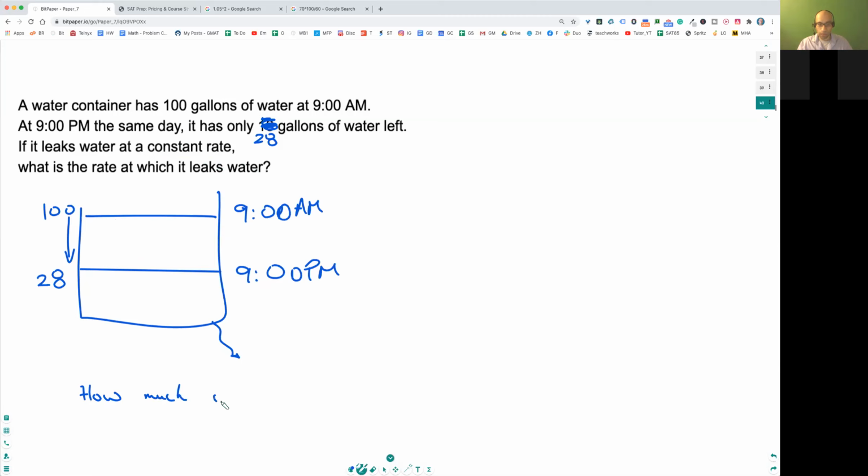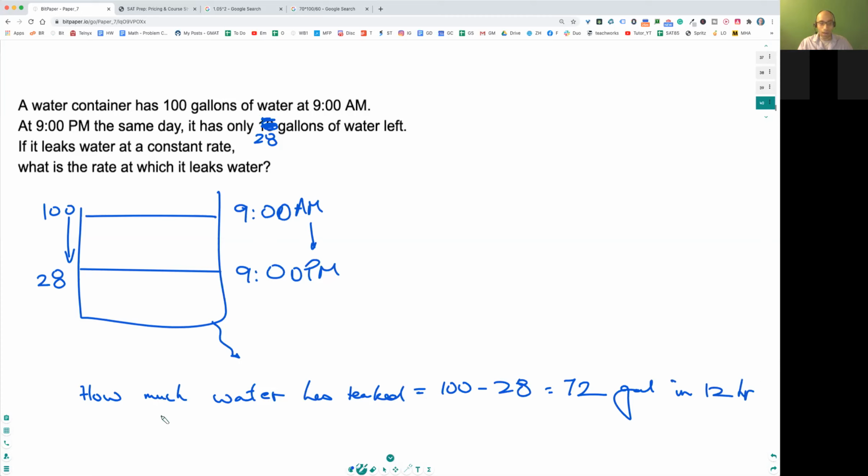Just be careful, listen to what I'm saying. How much water has leaked out? Calculate that, and that's going to be equal to 100 minus 28, right? That's 72. And now what's the time that has passed? 9 a.m. to 9 p.m., that's 12 hours. So 72 gallons, folks, has leaked out in 12 hours.